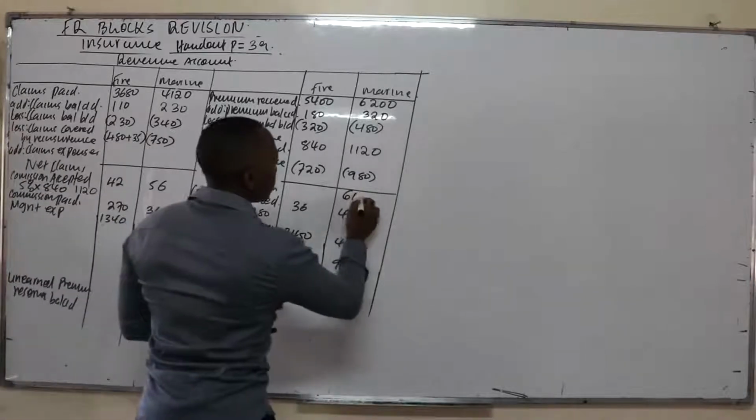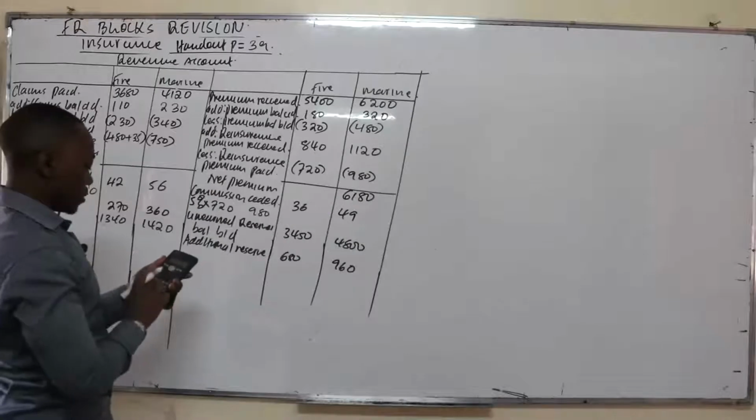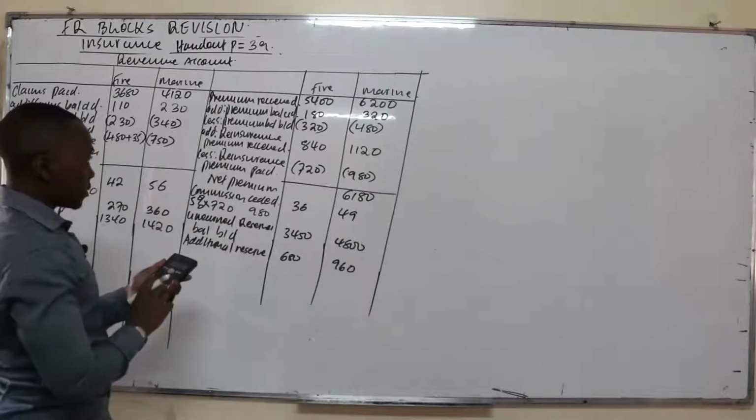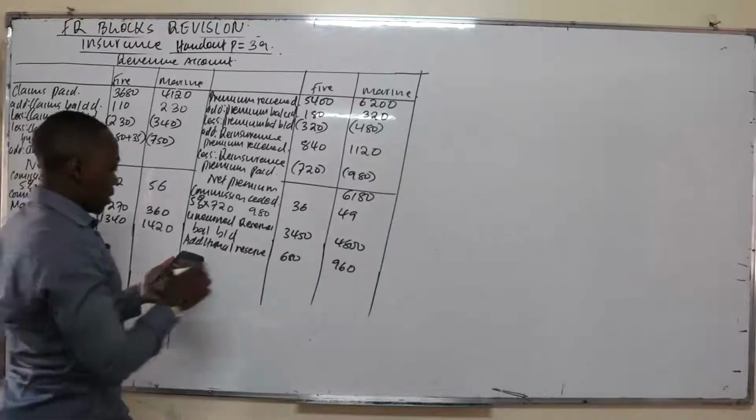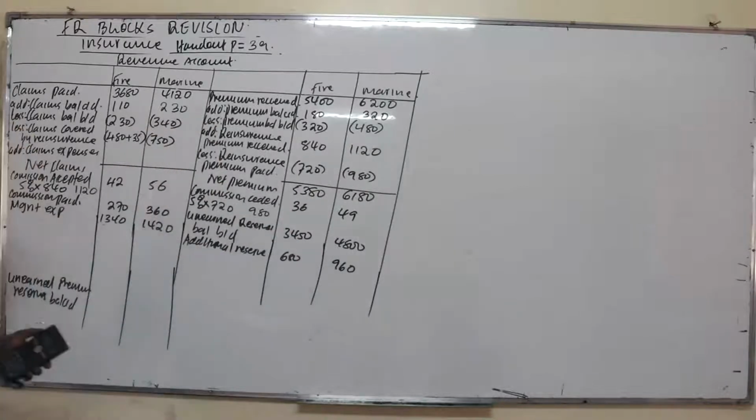I have 6180. Here we have 5380. So those are the net premiums. So let's get the net claims. For the net claims, we have 3680. You add 110.